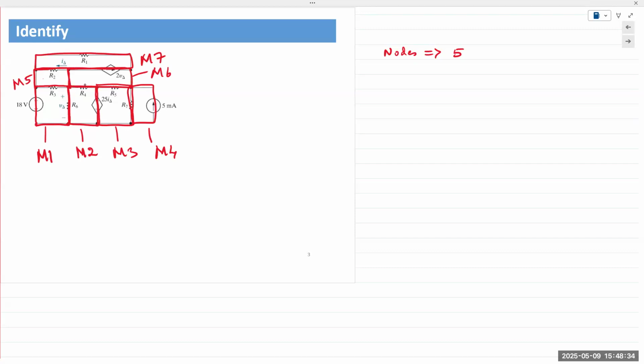So meshes are very straightforward to identify. Does that make sense to everyone? So there are 5 nodes and 7 meshes, and this is going to be important later on. Does everybody see this? Any questions?